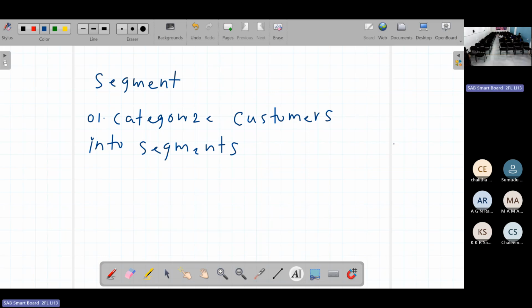So now in mass marketing, we are not going to consider differences of people. In segment marketing, we come up with different products based on those different segments. That means even though it's the same product, we will be introducing it with some modifications depending on the segment type. In mass marketing, we will be producing the same product and offering it to every customer.